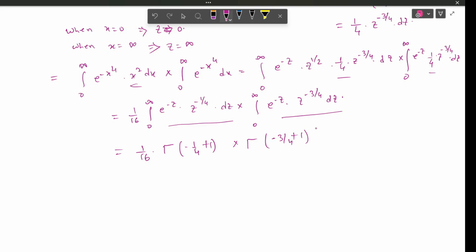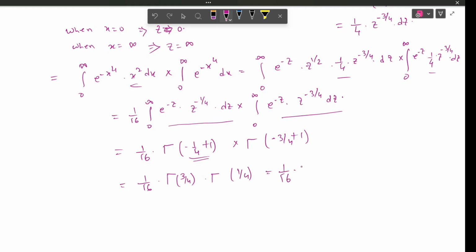Okay. Now let's evaluate this. This is 1 by 16, gamma of minus 1 by 4 plus 1, that is 3 by 4, and this is minus 3 by 4 plus 1, this should be gamma of 1 by 4. So gamma of 3 by 4 can be written as gamma of 1 minus 1 by 4. This is in the format, in the previous format, so we don't have to write it here.